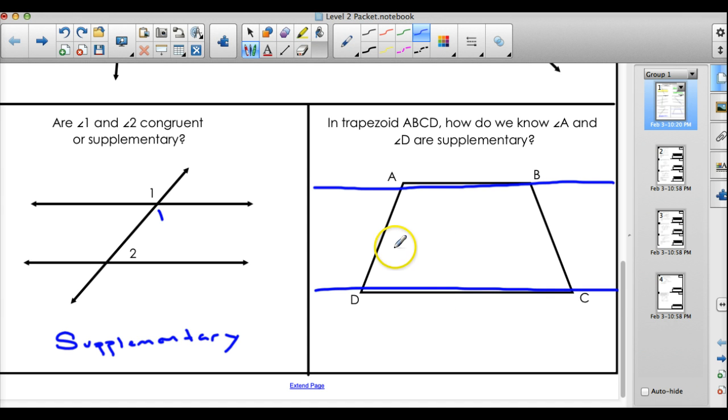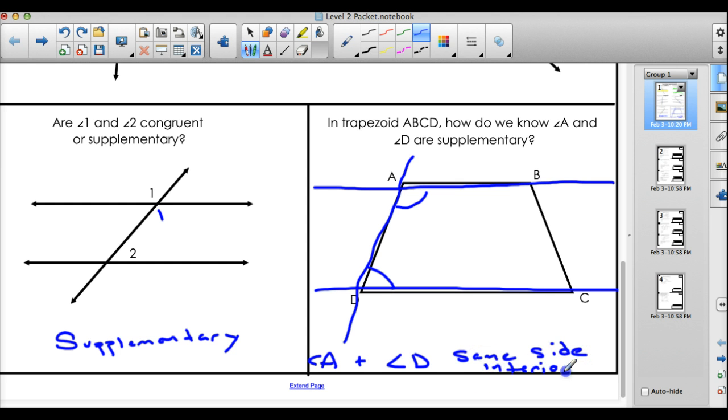We also know that AD, that would be our transversal. So you see, it doesn't look like it at first, but now we have parallel lines with our transversal. A and D are same side interior angles. So angle A and angle D are same side interior. And we know same side interior is supplementary.